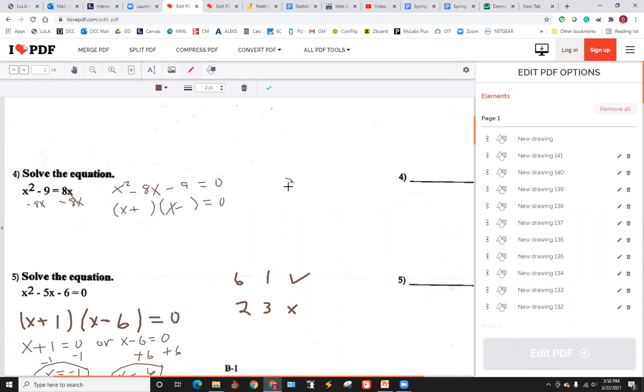There's 3 and 3, but these have a difference of 0, so that's not it. But 9 and 1 have a difference of 8, so there's our pair. Remember, this sign determines what the larger one is going to be, so that one goes here. So this is pretty easy now compared to all the other mess we've been dealing with.